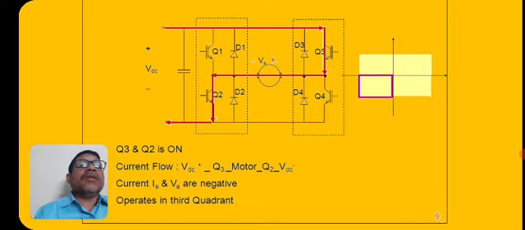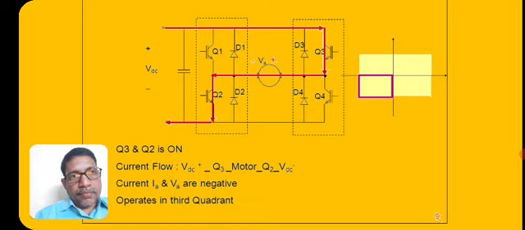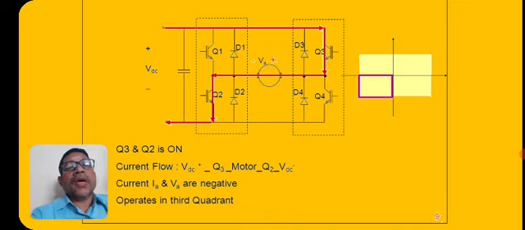Now see here, the direction of current is from right to left, and the voltage polarity is positive on the right hand side and negative on the left hand side. Since the polarity reverses and the direction of current also reverses, it is the third quadrant operation. Q3 and Q2 are turned on.